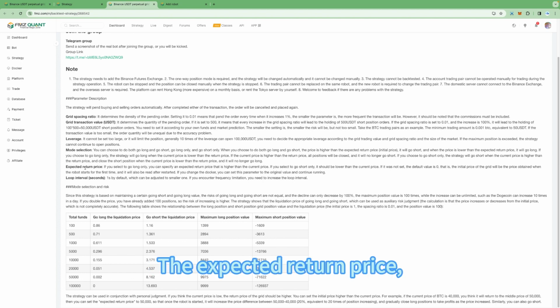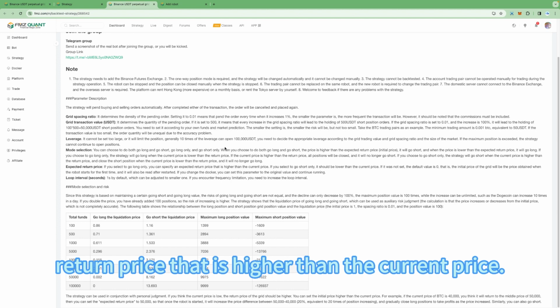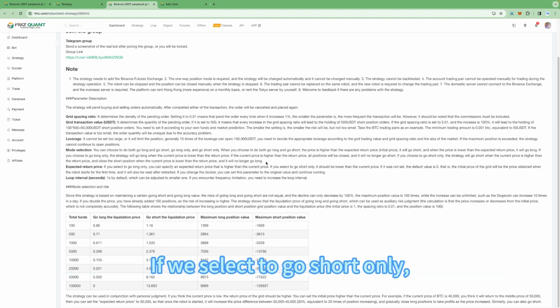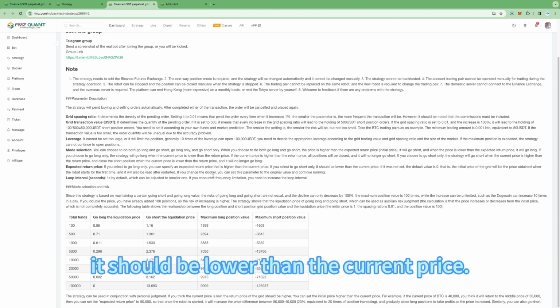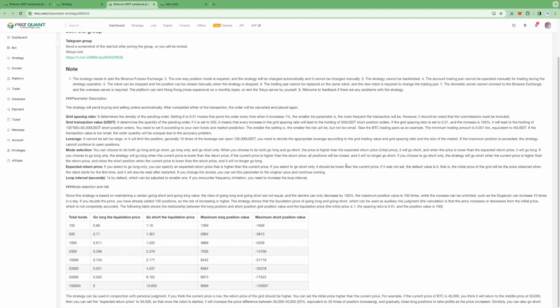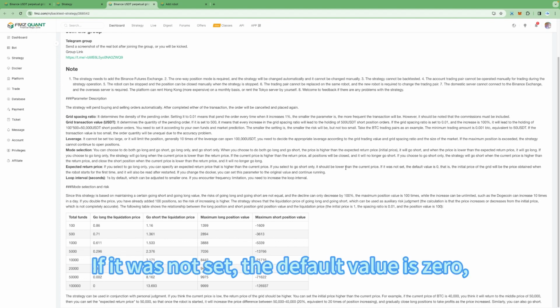The expected return price. If we select to go long only, we can specify an expected return price that is higher than the current price. If we select to go short only, it should be lower than the current price. If it is not set, the default value is 0.